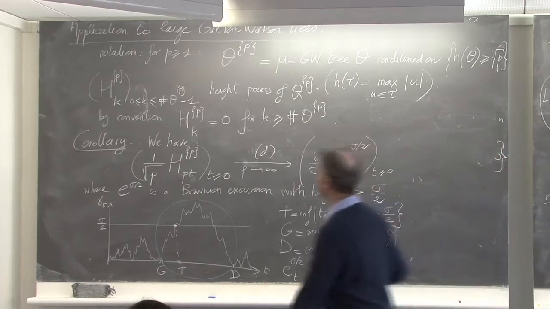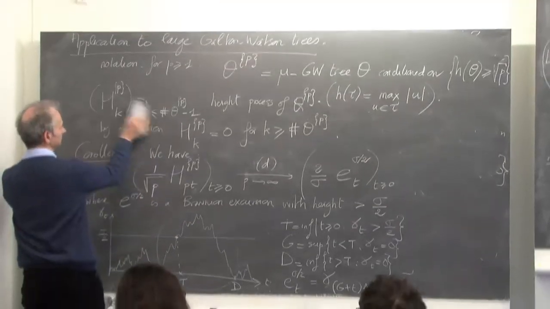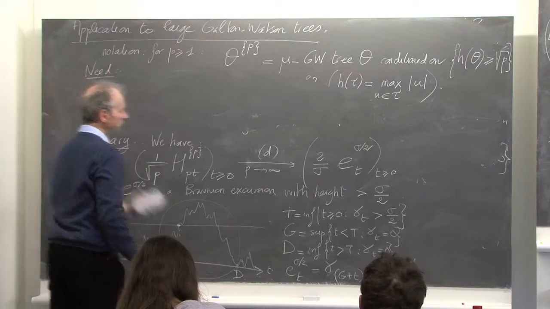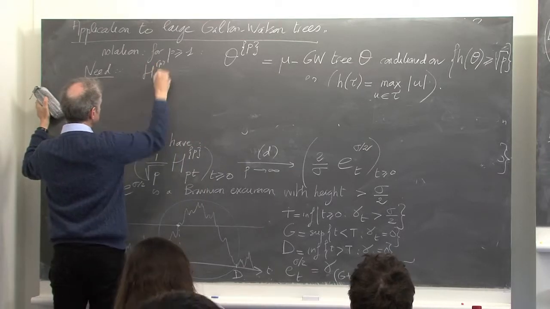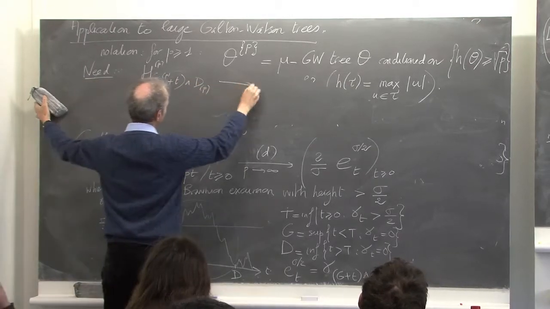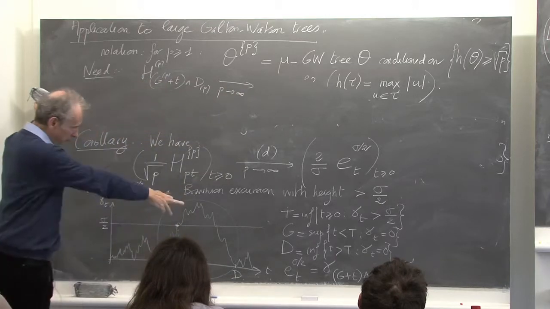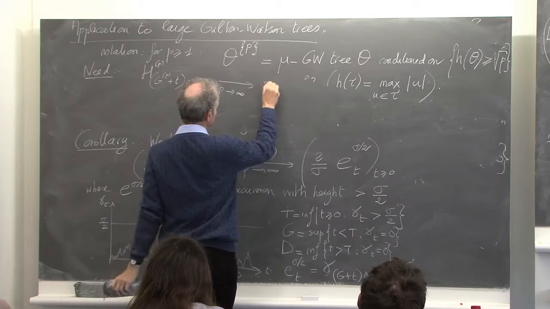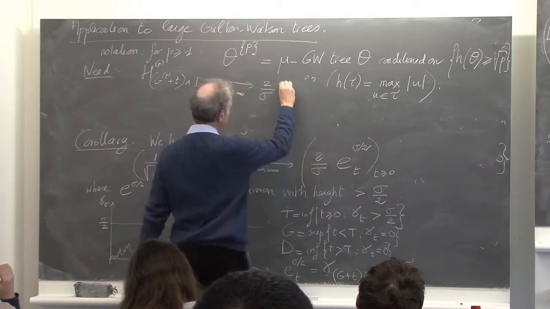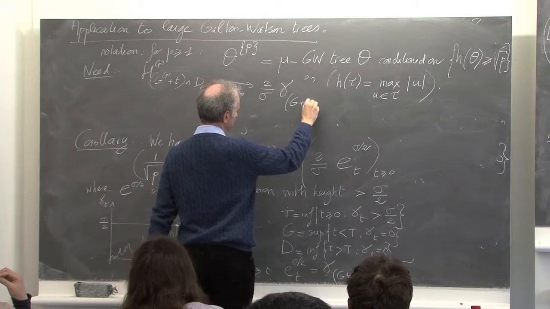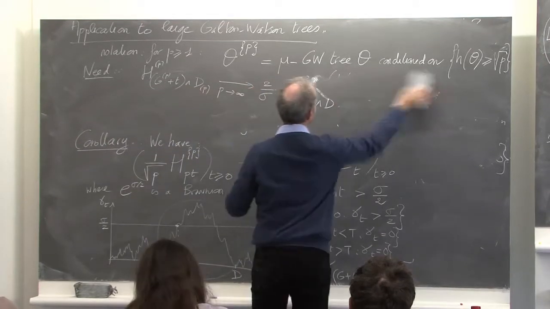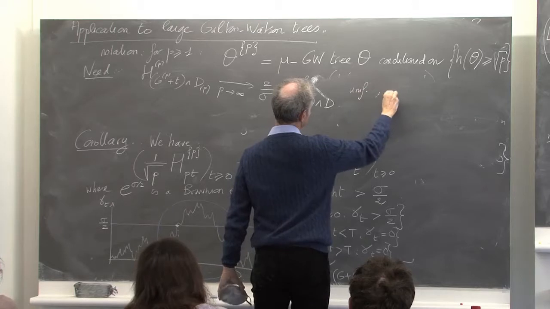I need to prove that this H_p at G_p plus t, infimum D_p, converges as p tends to infinity to the limit which is there, which is 2 over sigma times this definition, gamma at G plus t, infimum T. And you want this uniformly, almost surely.